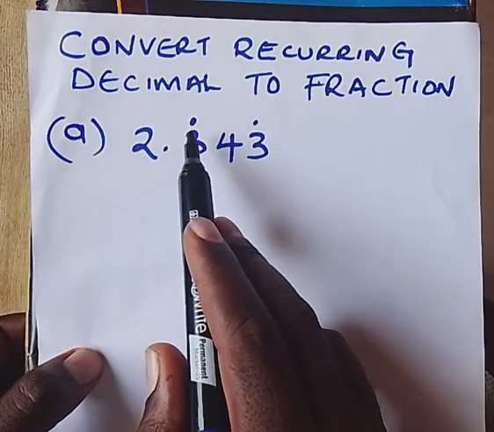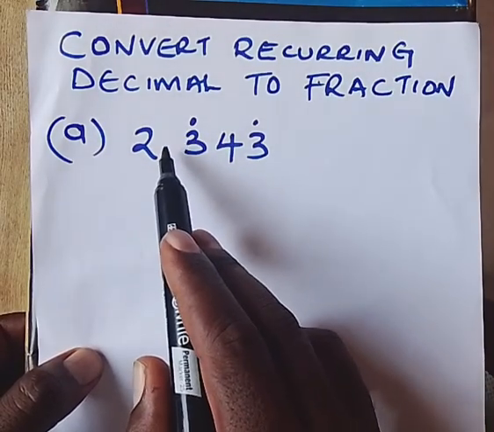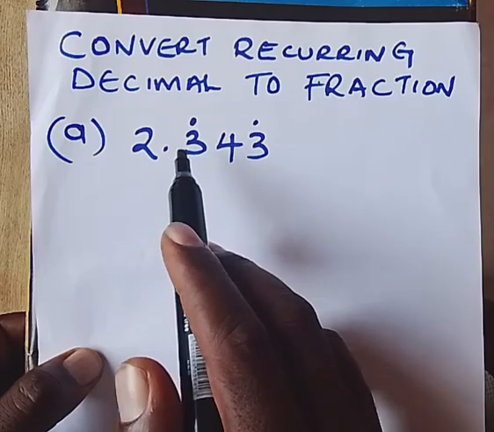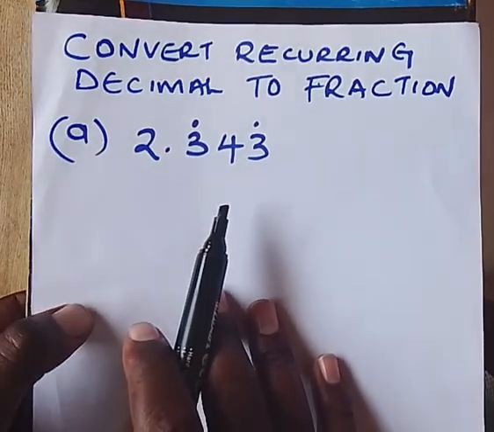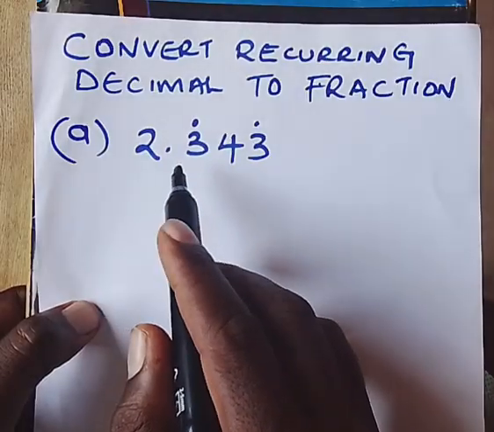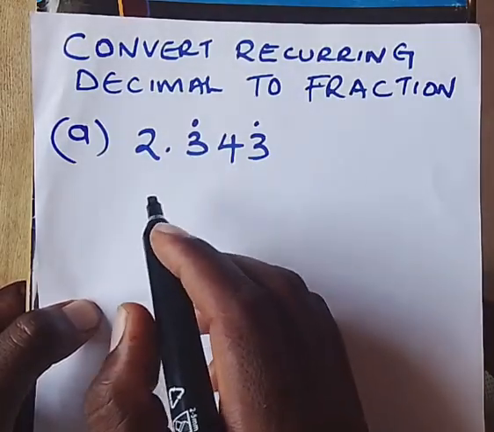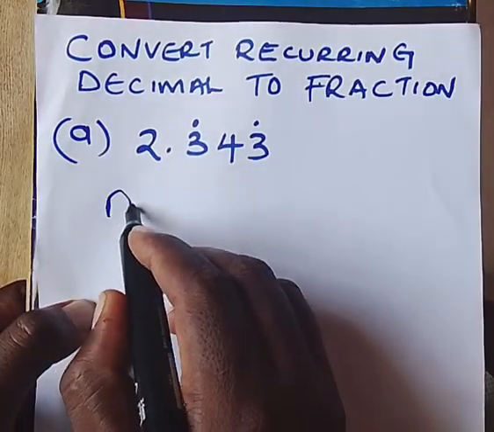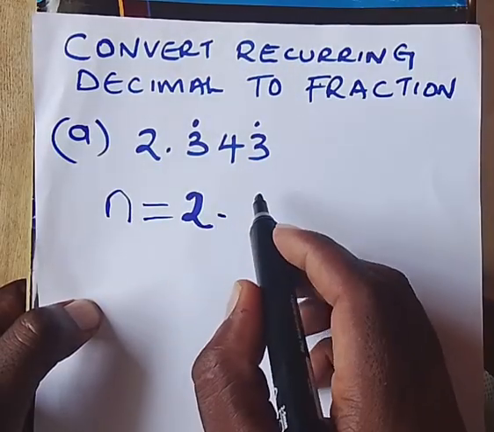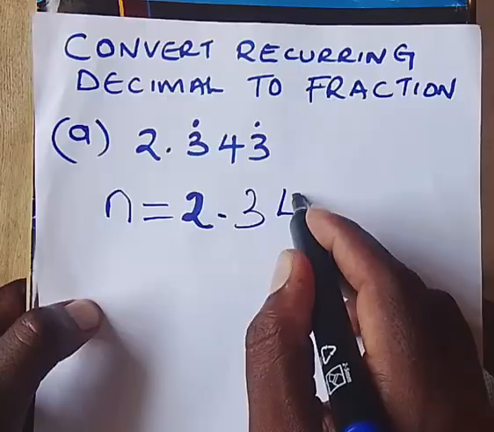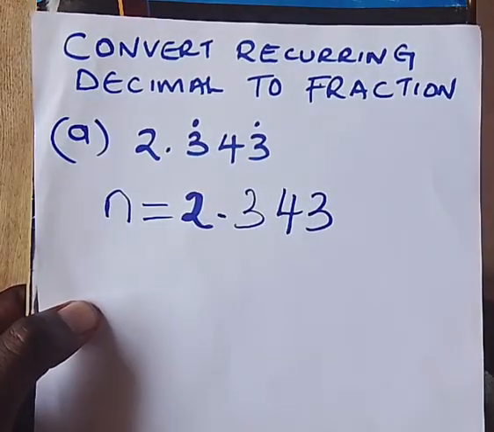2.343. The first 3 is recurring. So now, because the decimal is already before the recurring digit, we are not going to multiply with anything. Now this one, we will just represent it as n. So we are going to have n as 2.343.